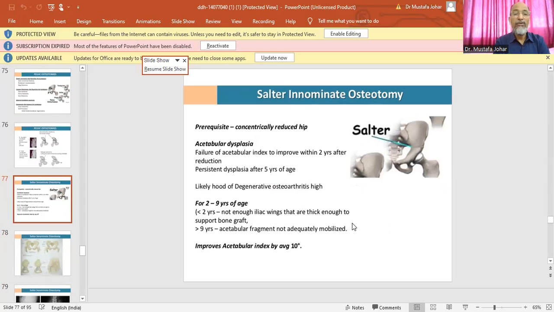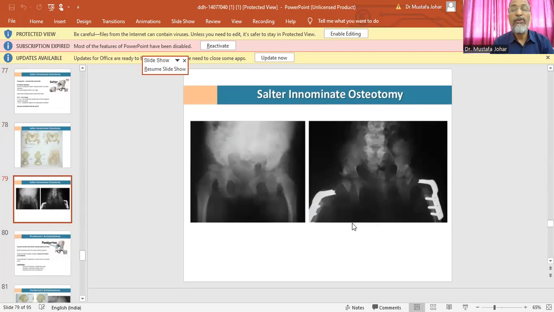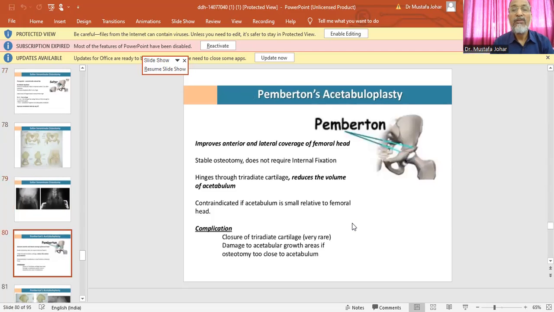The likelihood of degenerative osteoarthritis of the hip for 2 to 9 years of age, more than 2 years, not enough iliac wings that are thick enough to support the bone graft. Hence, more than 9 years, acetabular fragment not adequately mobilized and improve the acetabular index by an average of 10 degrees. Then these are Salter innominate osteotomy. These are the pictures.